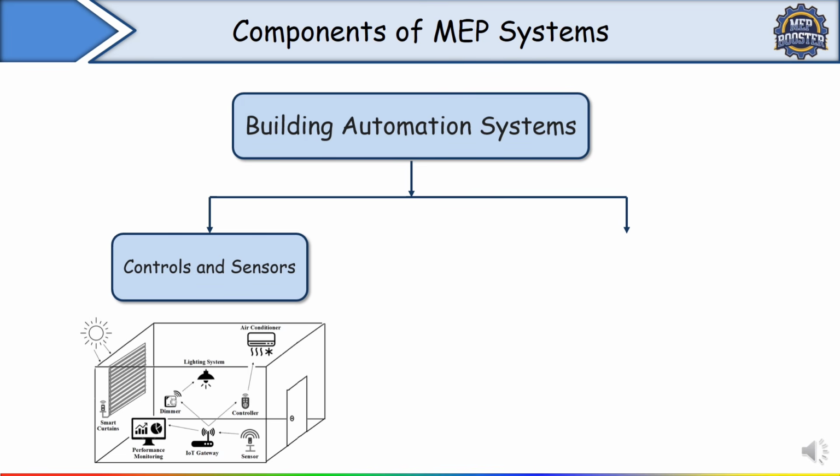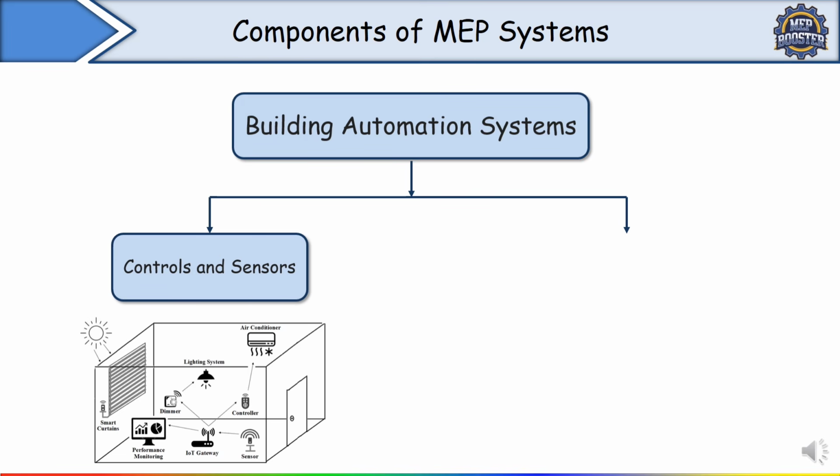So all of you know that building automation system is a centralized system that monitors and controls various building systems. In that, see, the first is given here, control and sensor. We have different types of control and sensor here. If you talk about HVAC system, building automation system can regulate temperature, humidity and airflow to maintain comfort and efficiency. You can also control the lights.